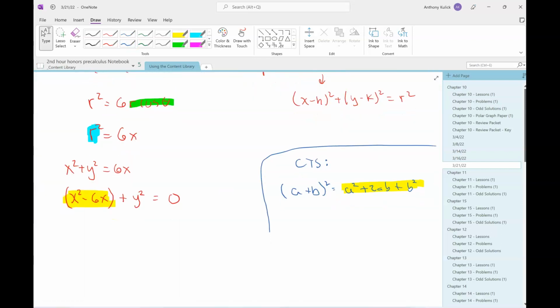So if I look at ours, -6 is my 2b, since a is clearly x. So I need to figure out what b is. If -6 is 2b, what is b? -3. So I'm going to add -3 squared to both sides.